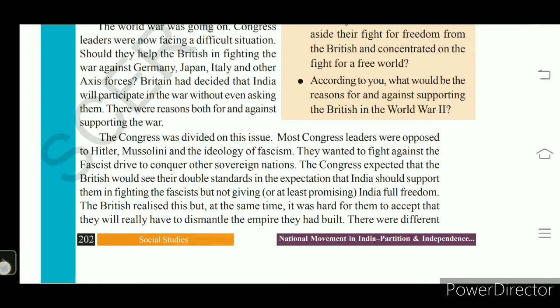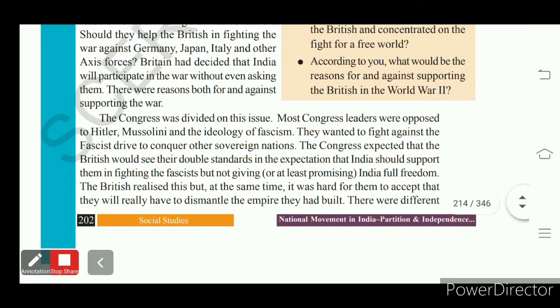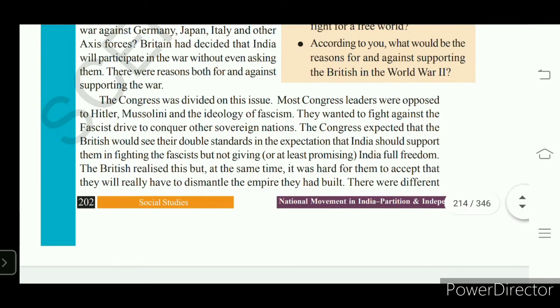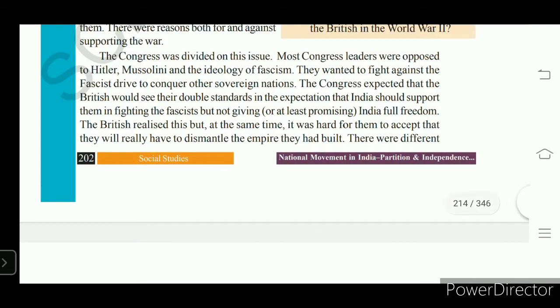And some other Congress members felt that even if we gave support to the British in the Second World War, they would not declare independence for India, right? Most of the Congress leaders were against Hitler and Mussolini.